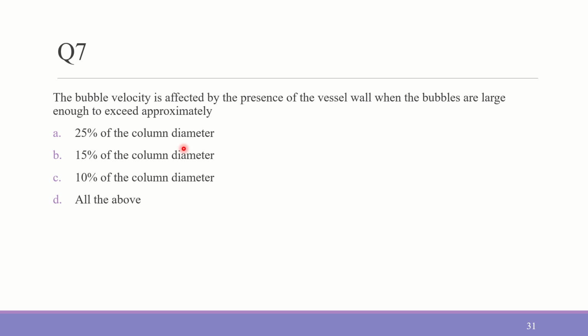That is what we have seen in the last class. So when does that happen? When the bubble size is larger than 25% of the column diameter. If it is larger, then wall effects come into picture. Option A is the right answer.